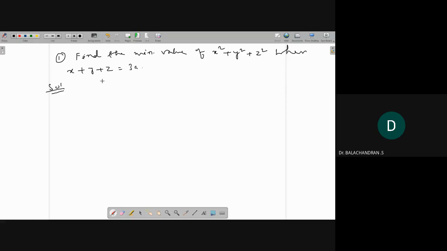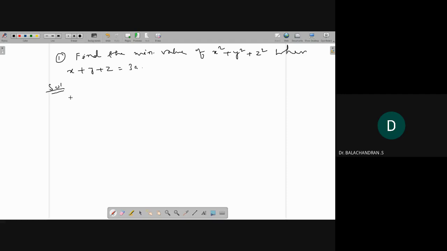So now I am going to write z in terms of x and y: z equal to 3a minus x minus y, and substitute here, converting it to a function of two variables, and then solve the problem. Even this problem you can do by Lagrange's method also. Once I discuss Lagrange's method, you can solve the same problem by it.